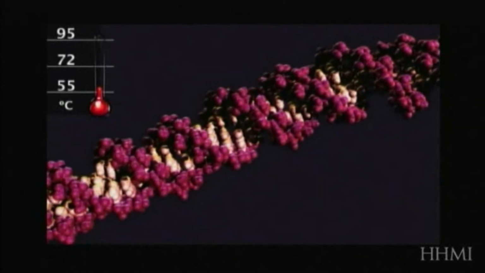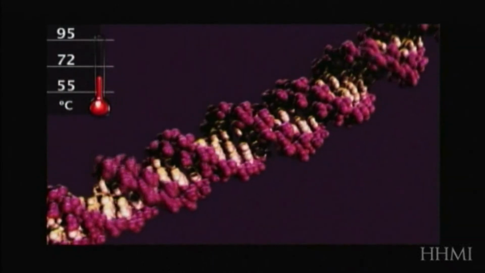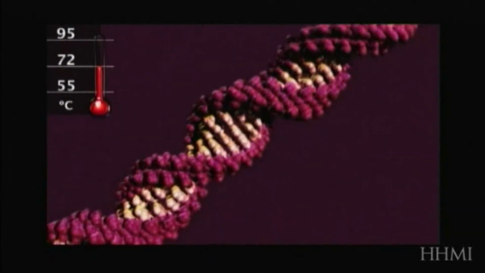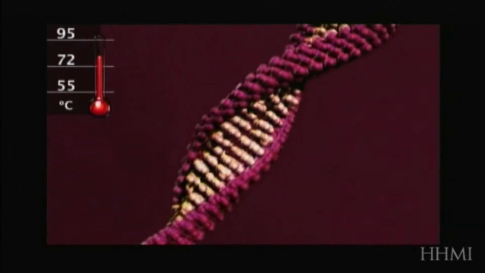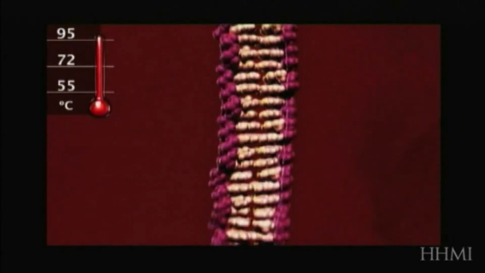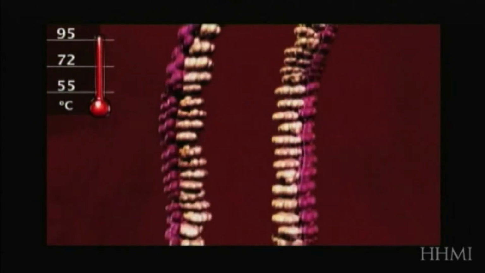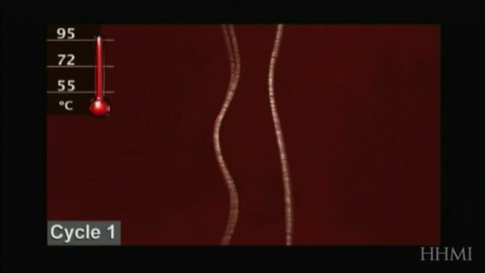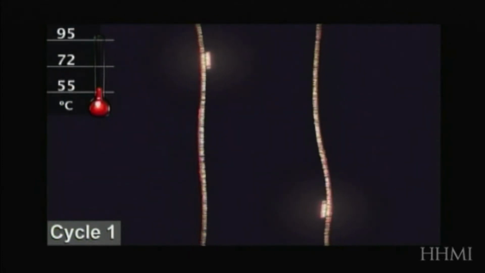Polymerase chain reaction, or PCR, uses repeated cycles of heating and cooling to make many copies of a specific region of DNA. First, the temperature is raised to near boiling, causing the double-stranded DNA to separate or denature into single strands. When the temperature is decreased, short DNA sequences known as primers bind or anneal to complementary matches on the target DNA sequence.